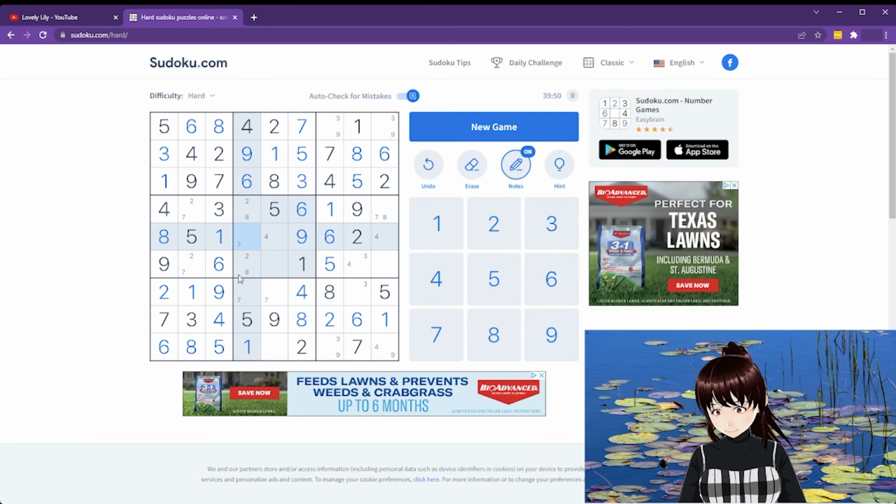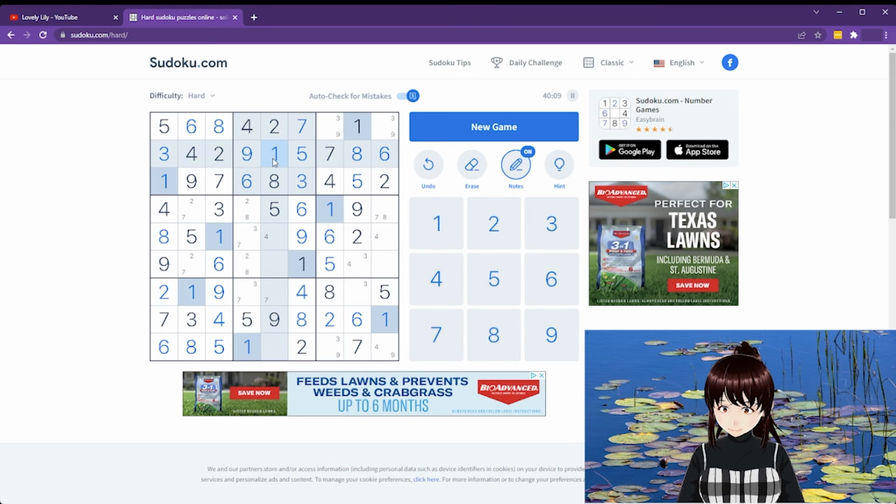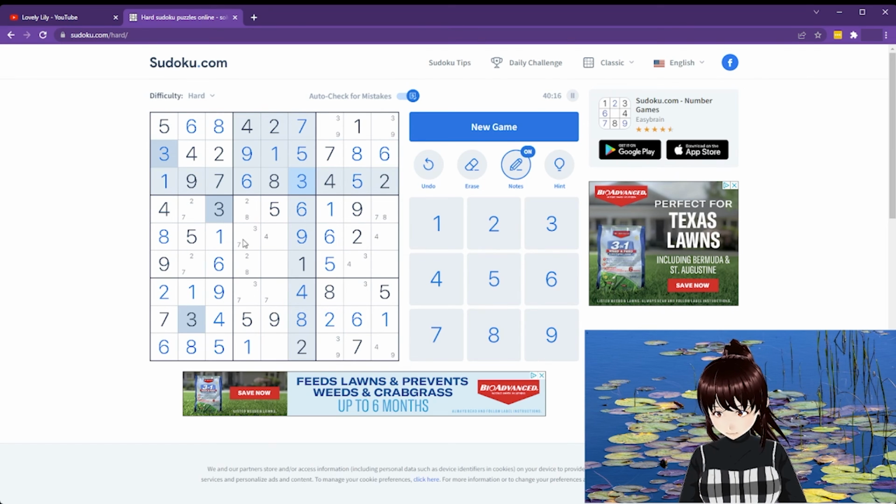So let's see. We have 1, 2, 3. So it could be a 3. So 3 and a 7. Okay. Now we move on. Alright, so ones, twos, threes, and that's a 3 and a 7, but any of these can be 3s too, so not helpful just yet. 4.